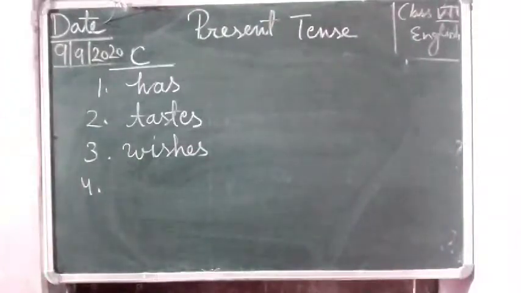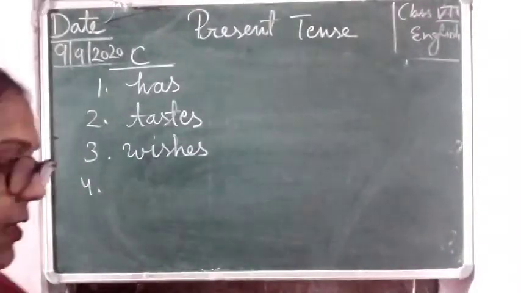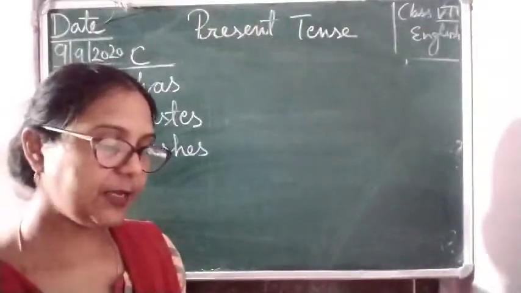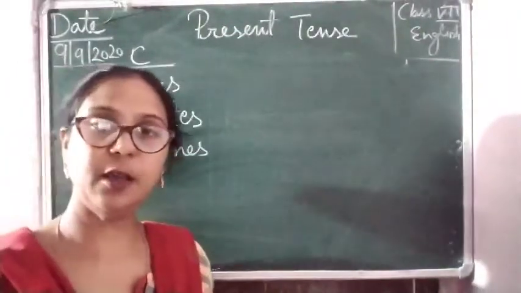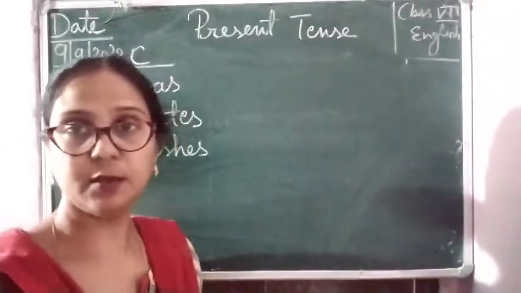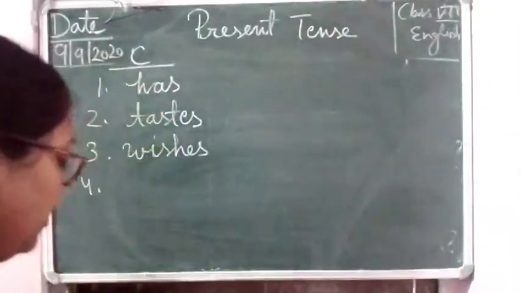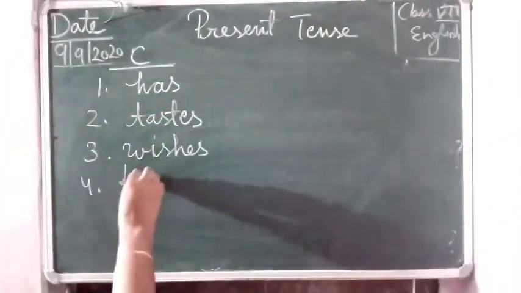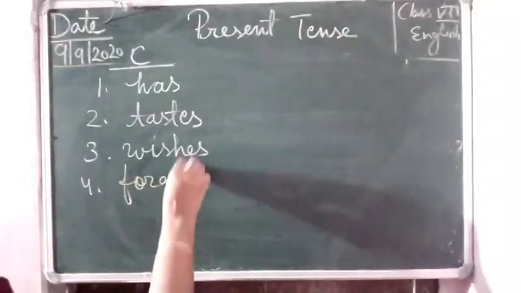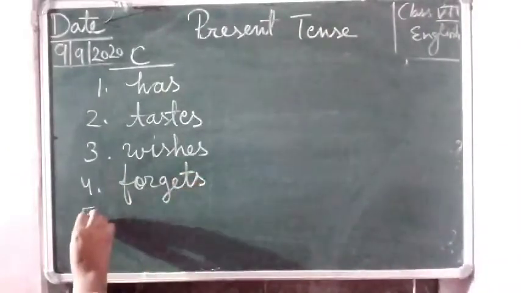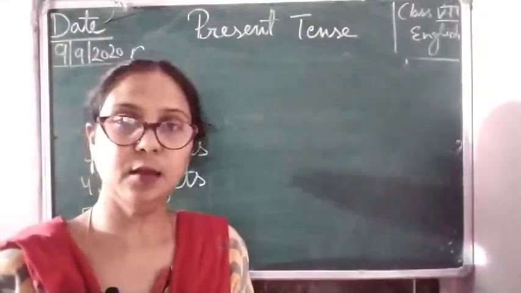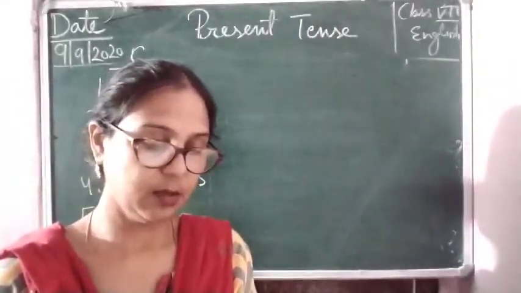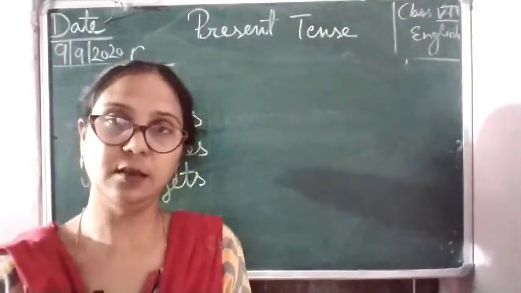Mohan for dash his identity card every second day. Now Mohan, because it's talking about the habit, that is why we are going to use forgets. Now fifth, Naman dash his new classmate.